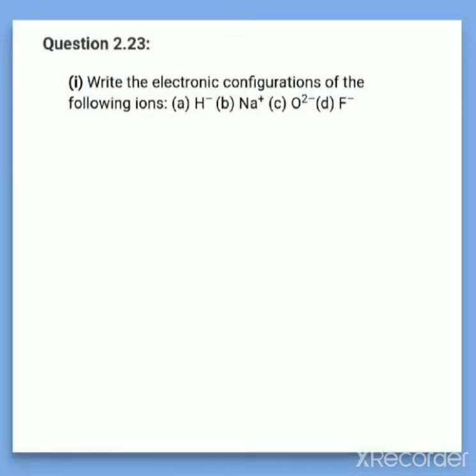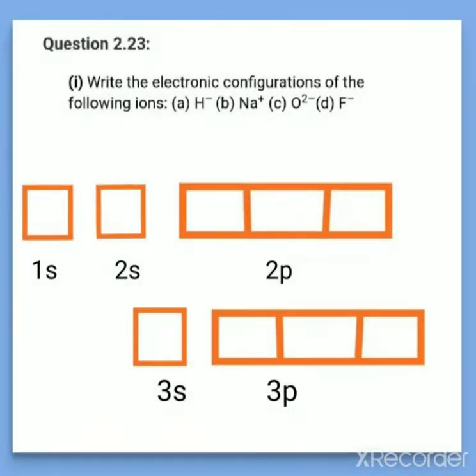Write down the electronic configuration of the following ions. In order to write the electronic configuration, I told you to make the orbital diagram so that you can easily frame the electronic configuration. So let us make the boxes like this.